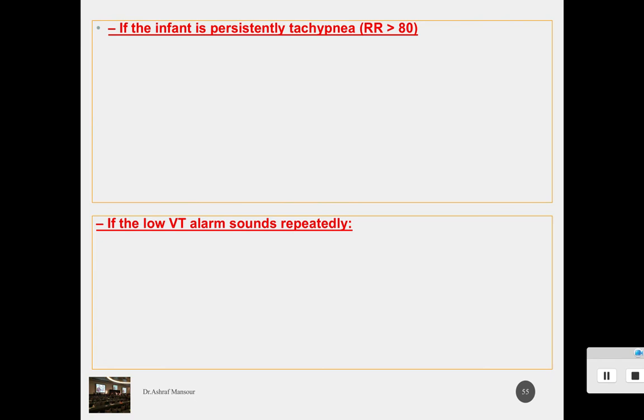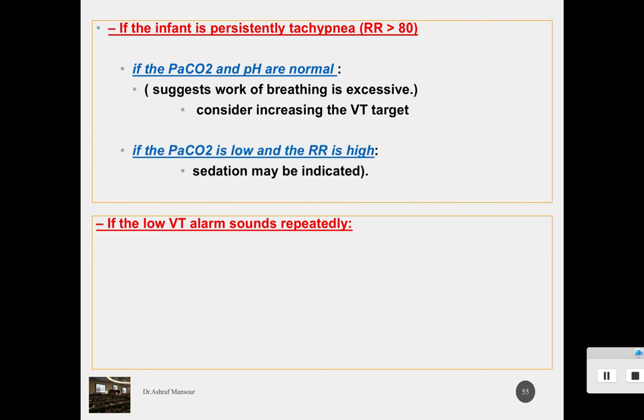So look at the PCO2 and the pH of the baby, which are normal, and this suggests that the baby is working hard, so increase the tidal volume. If the PCO2 is low enough, you can also sedate the baby a little until you support the baby.